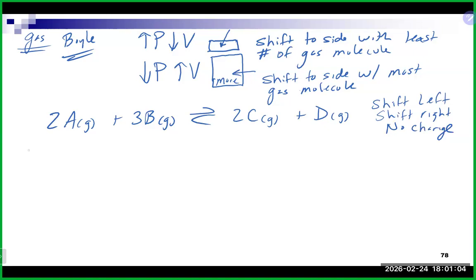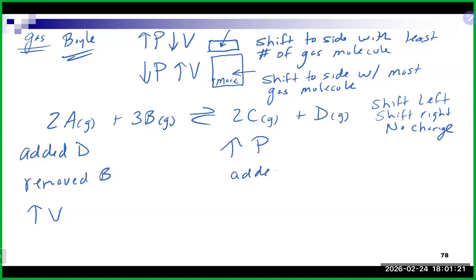Let's say that we added D, we removed B, we increased the volume, we increased the pressure, we added A, and we removed C. So for each of those, take a moment and decide which way it should shift the equilibrium as a result of these individual stresses.